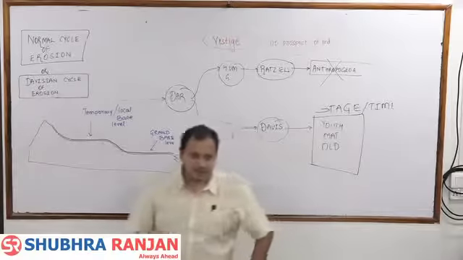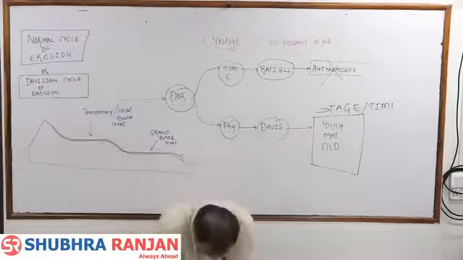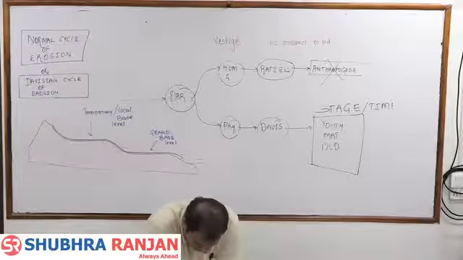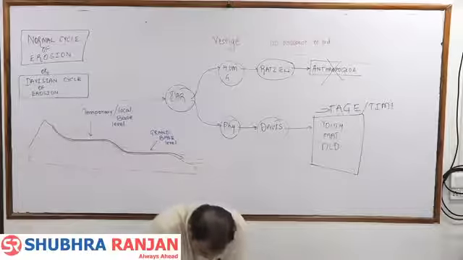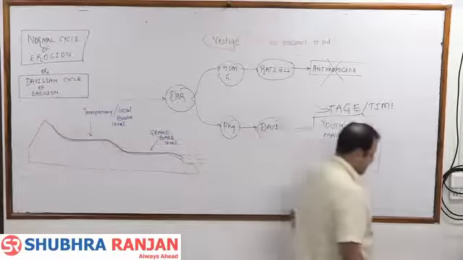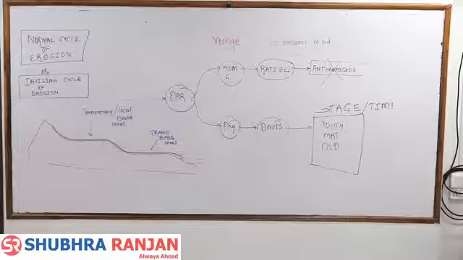Second key point, landform is an outcome of both endogenetic and exogenetic processes. Full stop. Endogenetic processes.